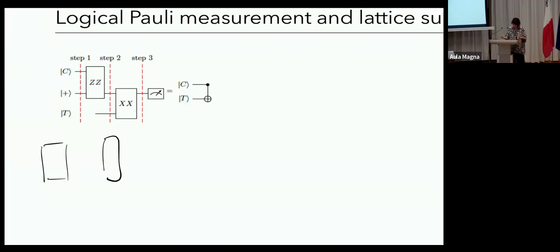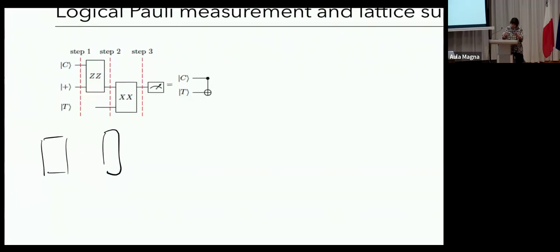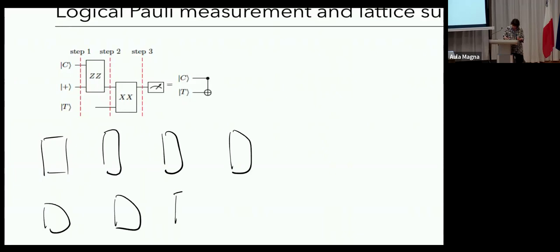So the problem is, let's suppose that you have your computer made with a lot of patches of the planar code. Then, if you want to do a CNOT between code 1 and code 2, you measure the joint operator here and it's easy.